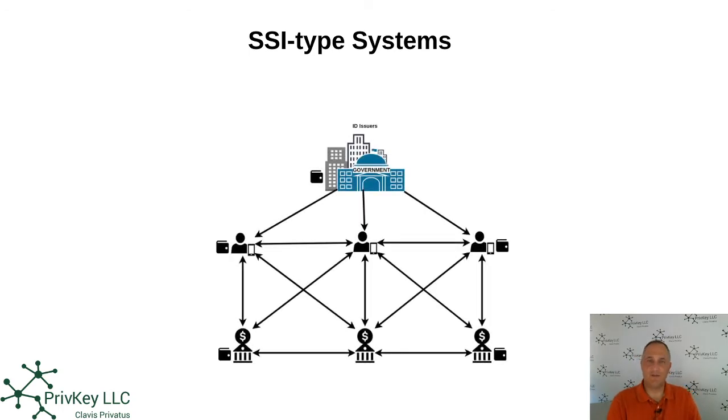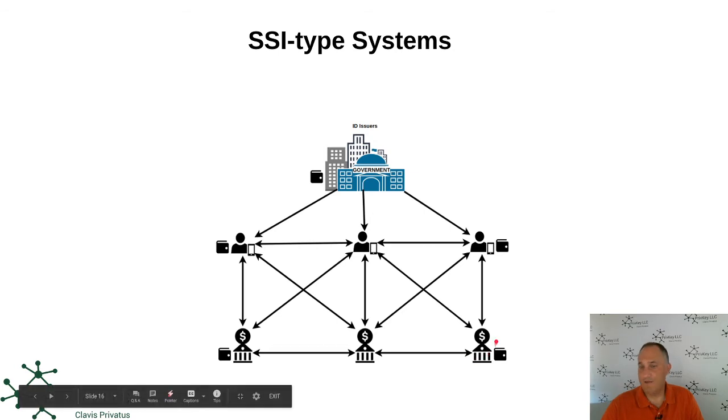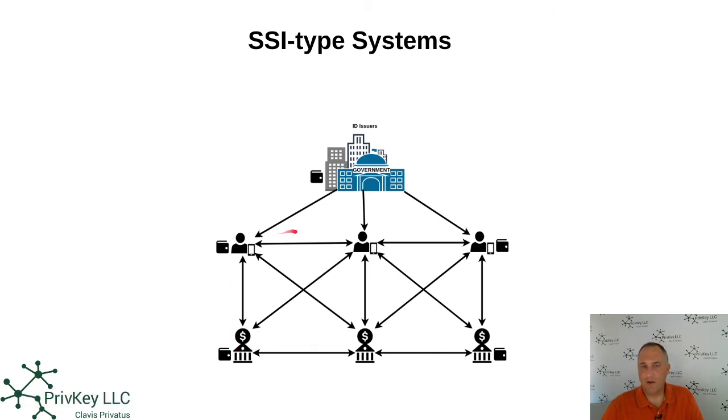Now, the SSI type systems have the same kind of requirements, which are the government issuing, and in this case, the government has a wallet. The individuals have wallets, and the financial institution, in this case, as an example, also has its own wallet. Some of them don't, but the point here is that the wallets contain the secrets, right?